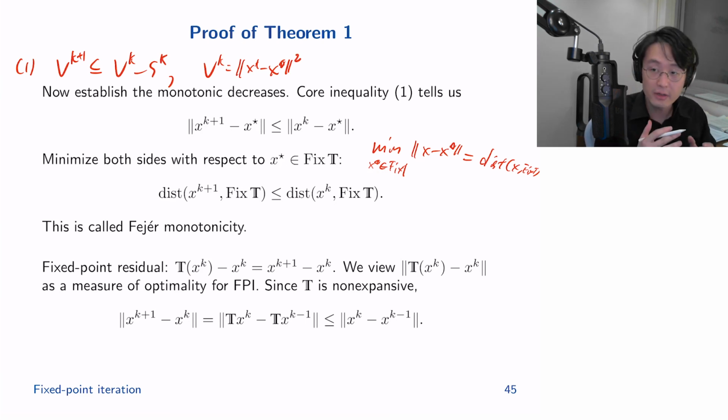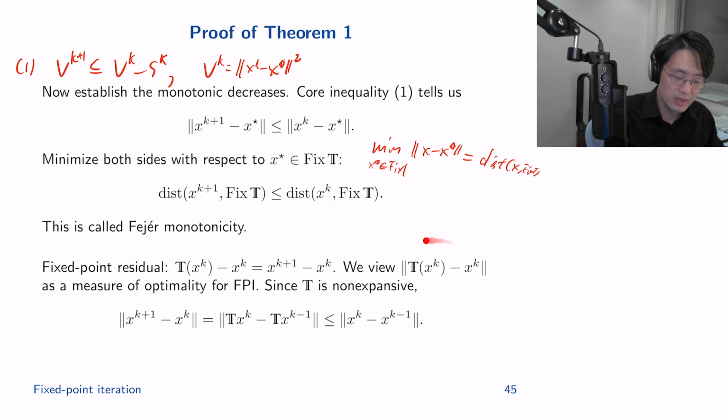But when we have not yet converged, when we are not yet at a fixed point, the difference will not be 0. Therefore, we refer to this as the fixed point residual. By definition, it is xk plus 1 minus xk. So we can view the norm of this fixed point residual as a measure of optimality for the fixed point iteration.